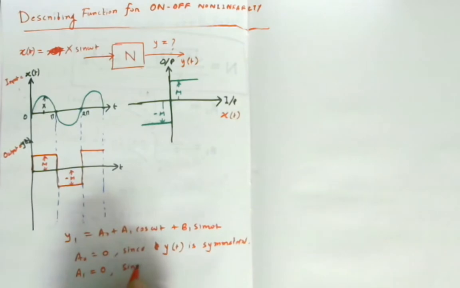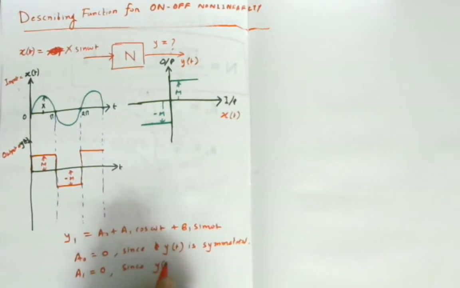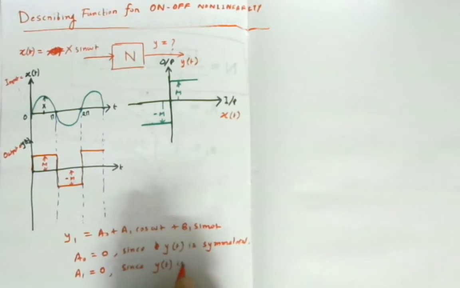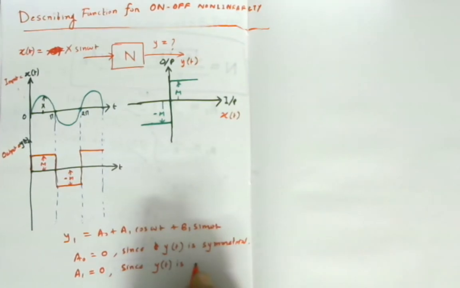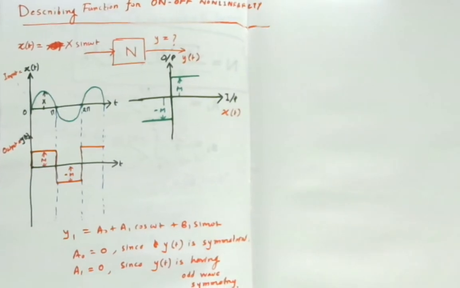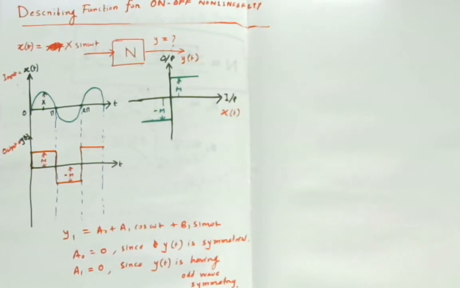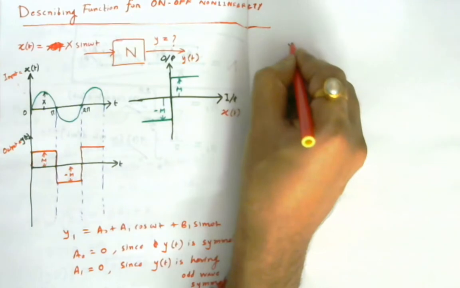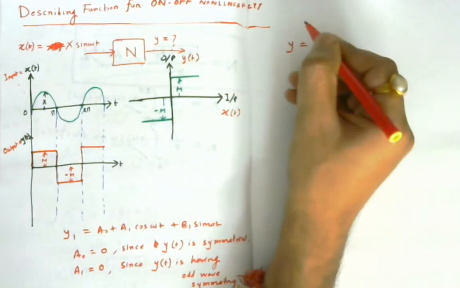Since yt has odd symmetry, only the b1 component is required.